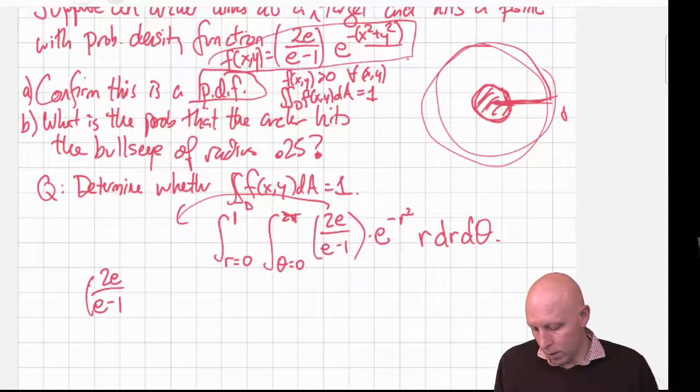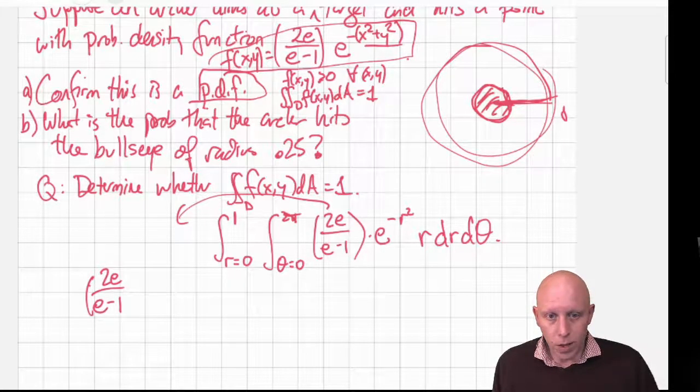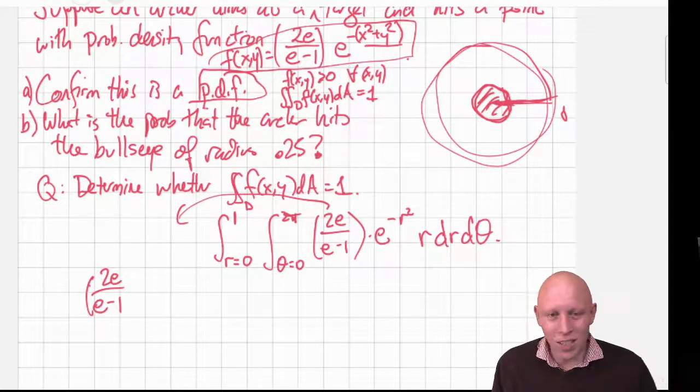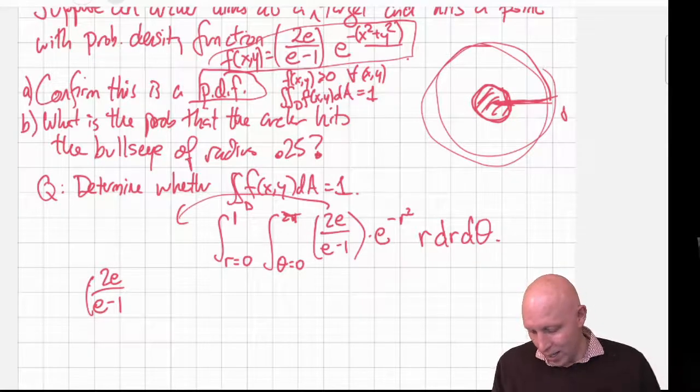I'm realizing that I probably forgot the pi. So we're going to see exactly what this integral turns out to be, and then we'll adjust our constant as necessary.